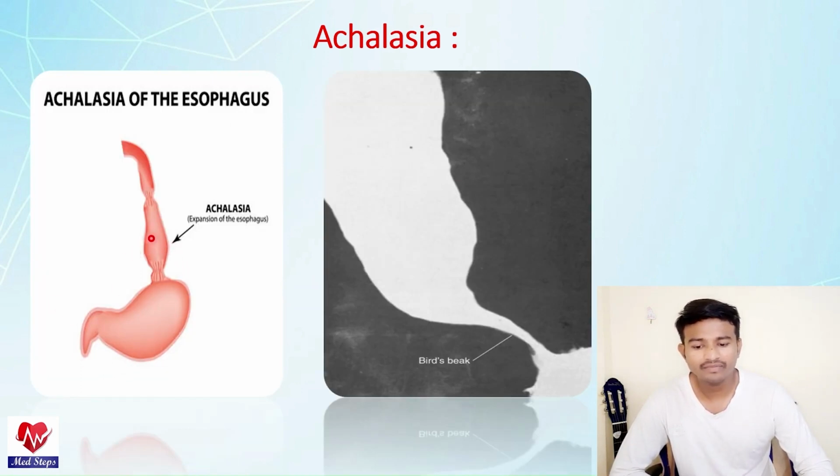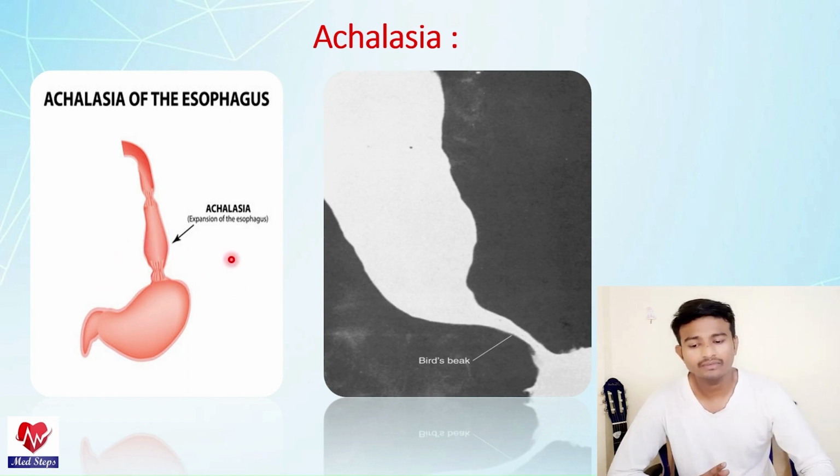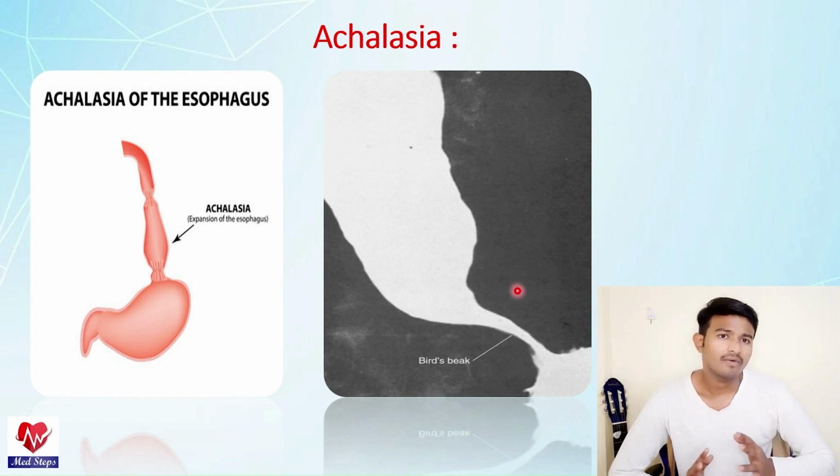In this distal part of the esophagus, what will happen? The esophagus is narrowed. Because of this problem, food is not going to the stomach. In the imaging, you will get this bird-beak structure. And what is the treatment? We will give calcium channel blockers and nitrates for dilation.